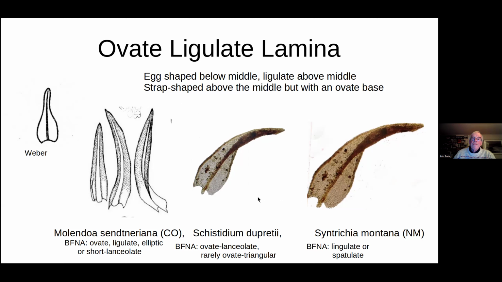When I tried to find examples of this, I couldn't find really good examples. So maybe that's why Kelly didn't put it in there, because in the illustration, it's very clearly very wide at the bottom, and then ligulate at the top. And this is as close as I could get to that, Centrichia and Schistidium.